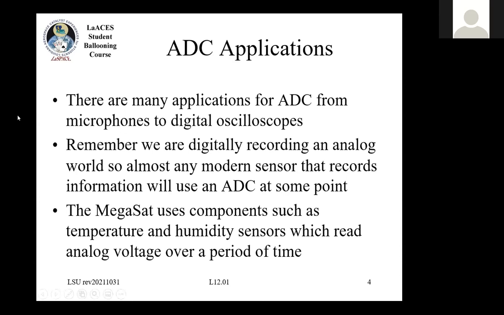The Megasat, which is the board that we provide you guys for your base payload, is going to use an ADC to measure temperature and humidity, as well as pressure. All of those sensors output an analog voltage, so you're going to have to read those voltages in with the Arduino.